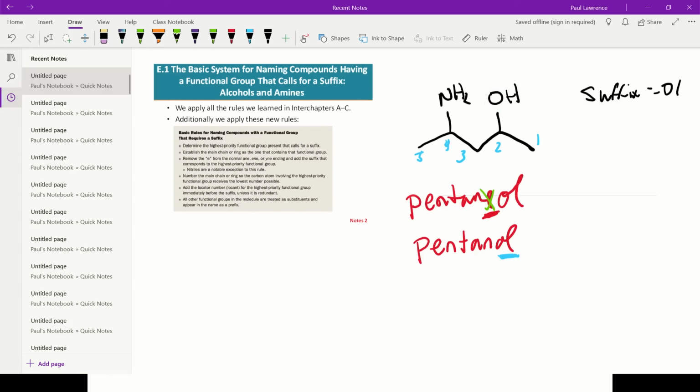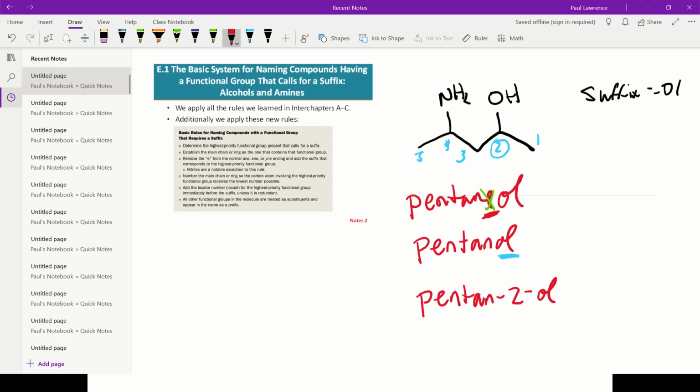And what carbon is it attached to? The second one. So we would have to put in that locator. So we have pentane dash 2-ol. Pentan-2-ol is the name of the molecule.